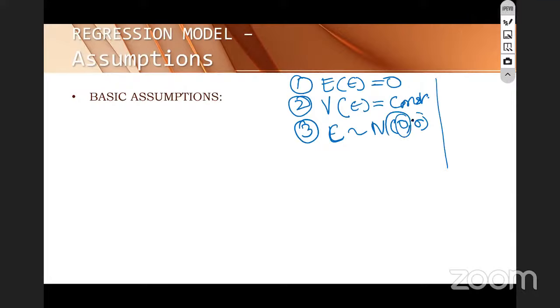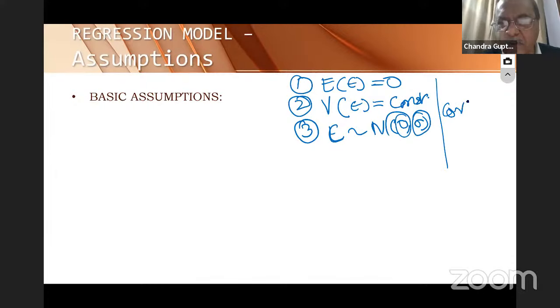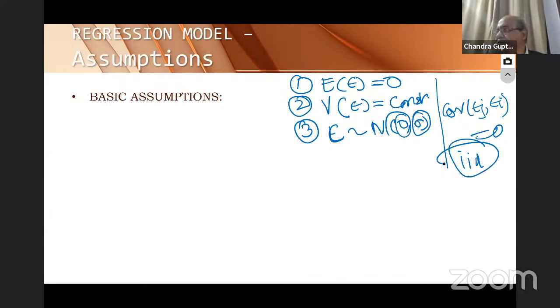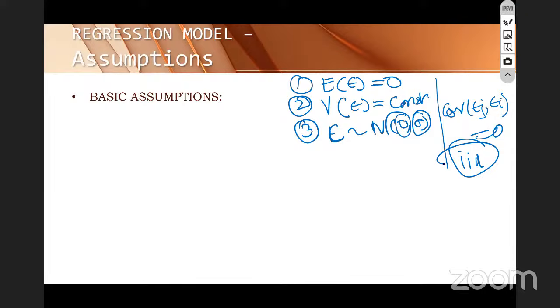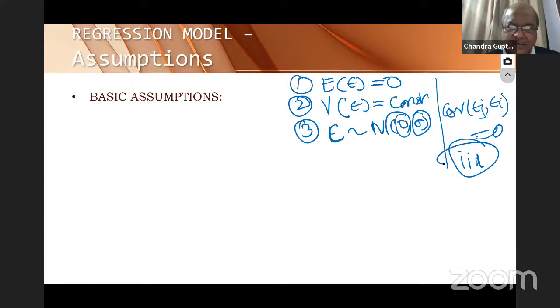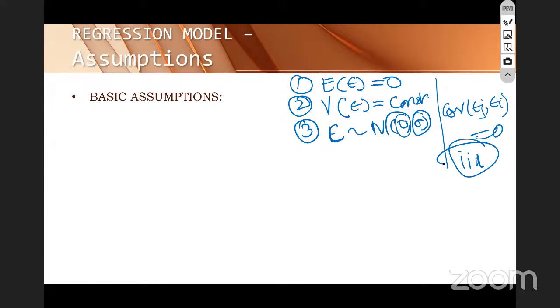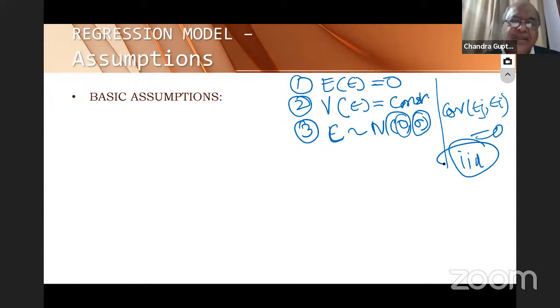Zero mean, constant variance, and covariance between error terms is 0. So that means the IID property. Error terms follow the IID property, right? They are independent, having 0 mean, constant variance, normally distributed. And IID, friends, means independent and identically distributed.